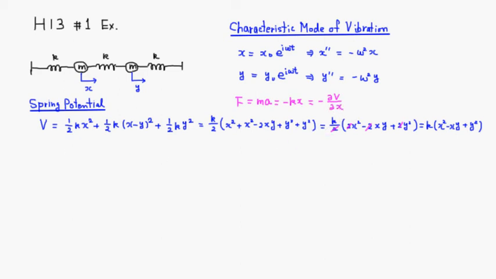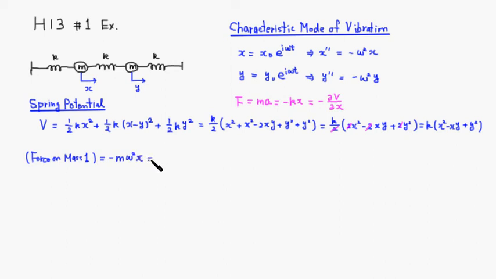So let's do that. We're going to look at the force on the first mass, mass number 1. So mass times acceleration, and acceleration is the second derivative, so we have m times x double prime, which would be negative w squared x.